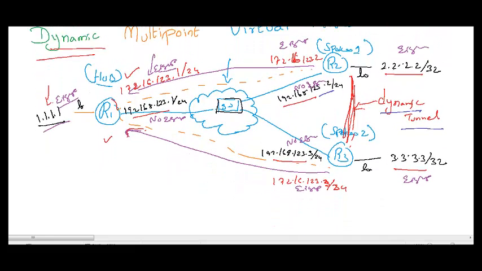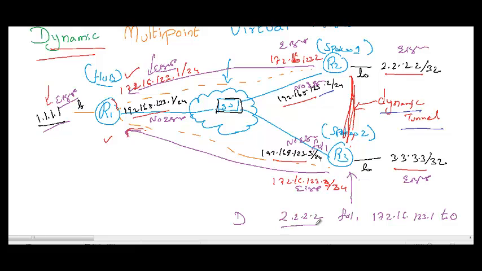What is that? Now, because you use EIGRP, router 3 will learn like this: 2.2.2.2 is via FastEthernet 0/1, and the next hop address is 172.16.123.1 on Tunnel 0. This is how it will learn in R3's routing table.